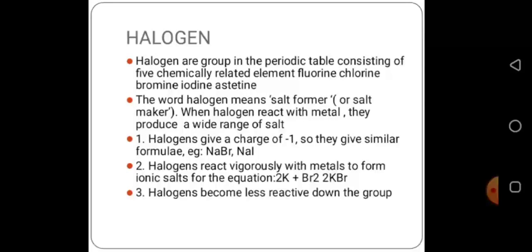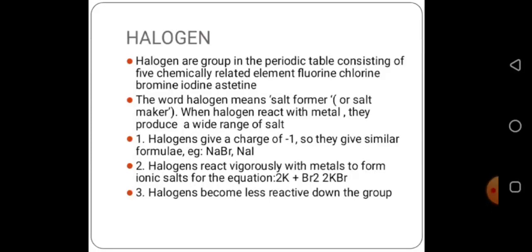For the equation, 2 potassium react with a molecule of bromine to give potassium bromide. So halogens become less reactive down the group.